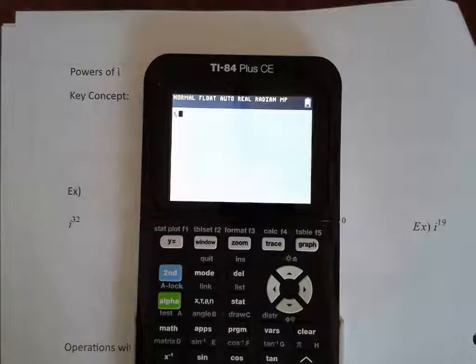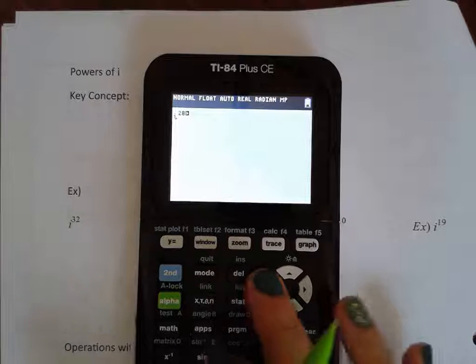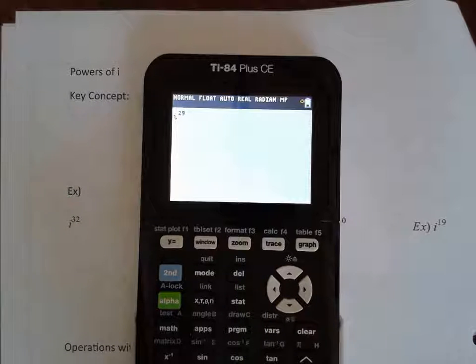Now sometimes if the power is a very big number, the calculator doesn't respond very well. For instance, if we put in i to the 29th power? That one came out nicely. I think it's because I have a newer calculator.